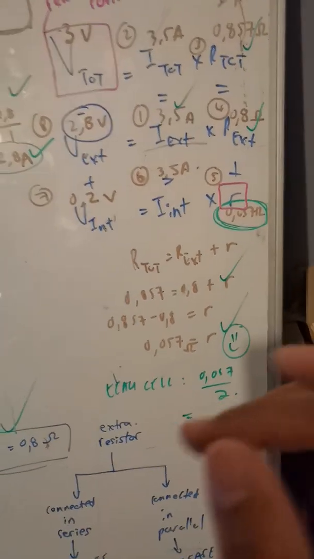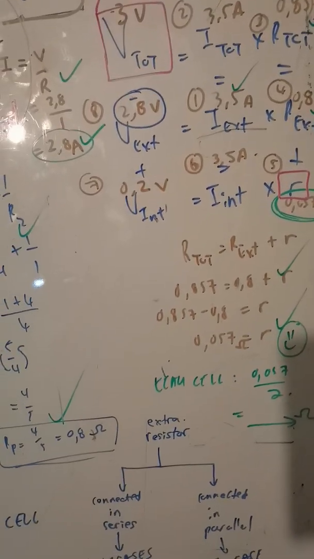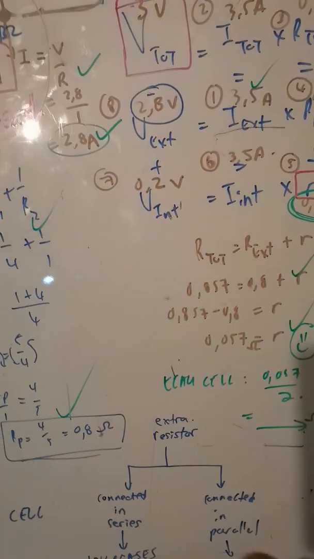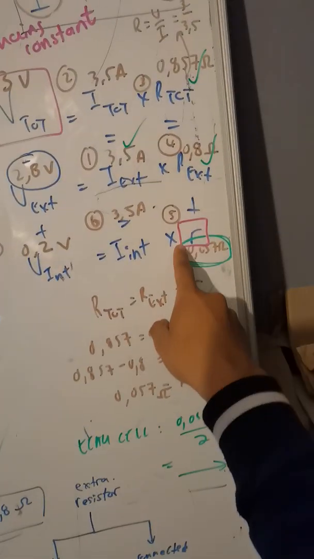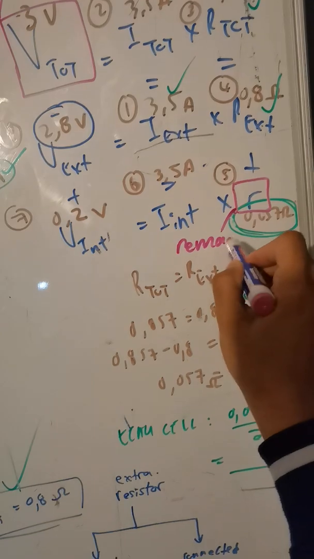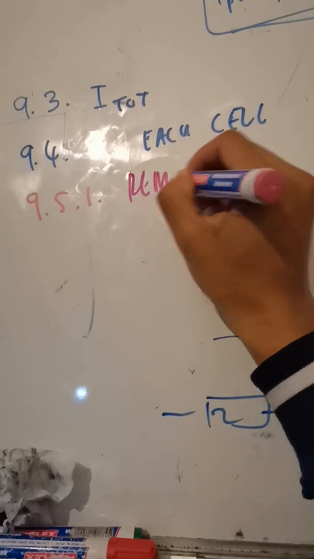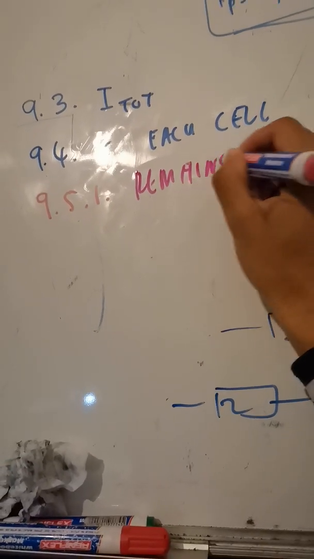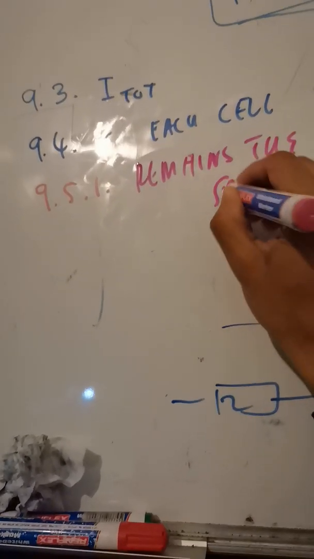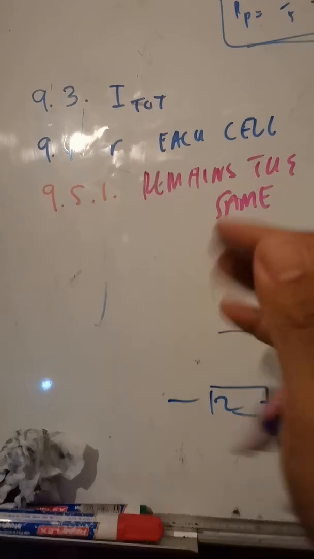In fact, 9.5.1 says, how will this change affect the magnitude of the internal resistance of the battery? The internal resistance of the battery will remain constant. So your answer for 9.5.1 will be remains the same, because we are not taking away a battery or adding batteries.